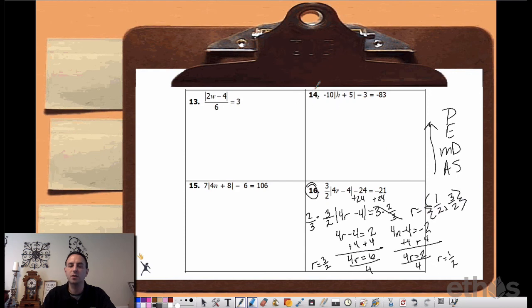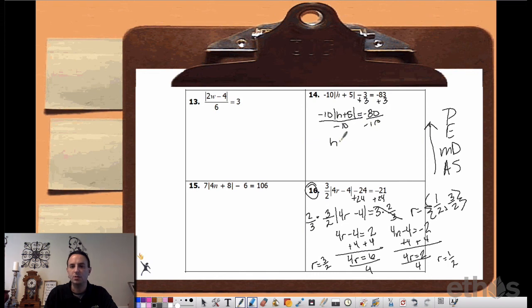Now I'd like you guys to solve number 14. Be sure you check your answer and click the right multiple choice answer, and we'll see how we did. All right, so we're going to add 3 to both sides to solve first, giving me negative 10 times the absolute value of h plus 5 is equal to negative 80. Divide everything by negative 10.